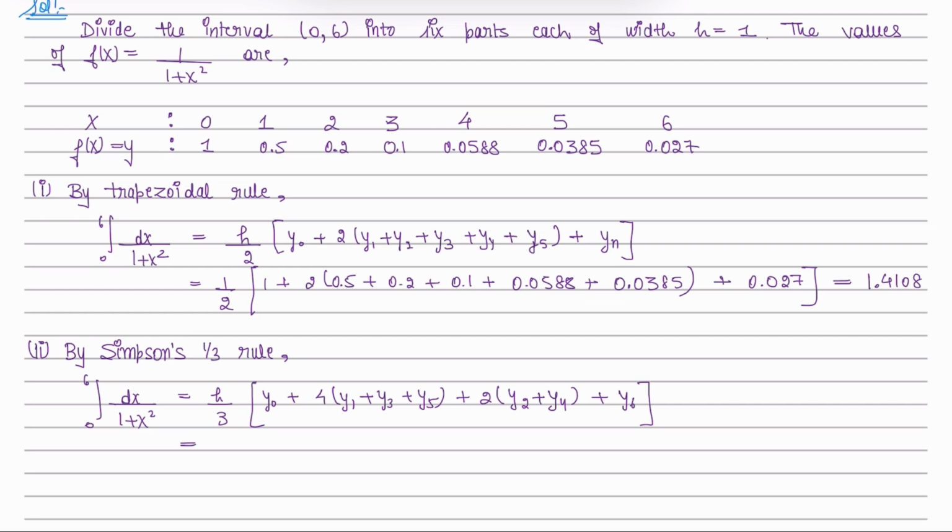Putting the values of yi's, this will be equals to 1 by 3 into 1 plus 4 times 0.5 plus 0.1 plus 0.0385 plus 2 times 0.2 plus 0.0588 plus the last term, which is 0.027.